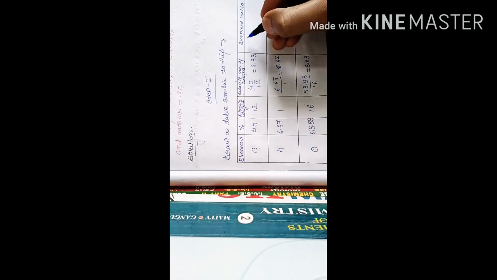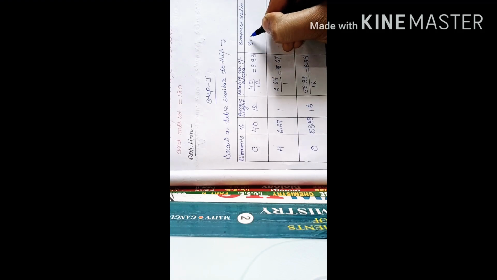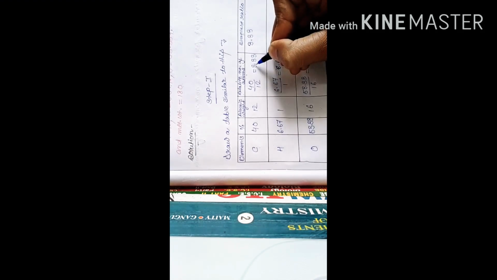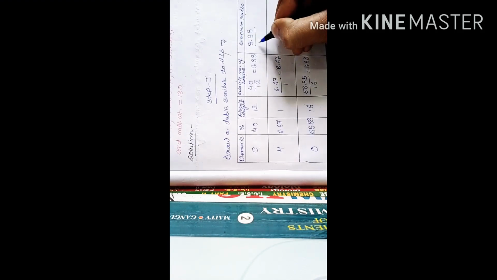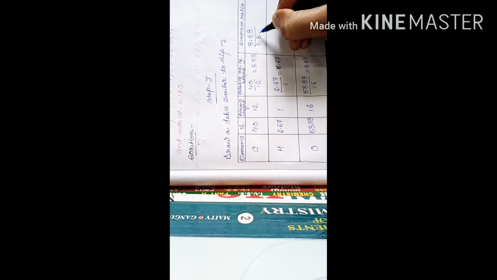Now, to calculate their simplest ratio, we will divide the relative number of atoms of each element by the least possible number. For example, in case of carbon, 3.33 divided by 3.33 equal to 1.